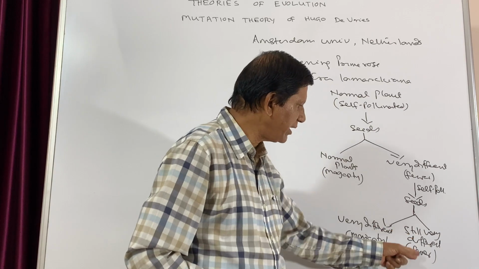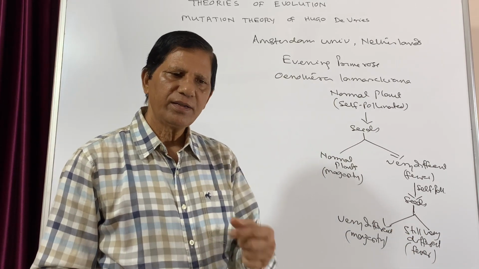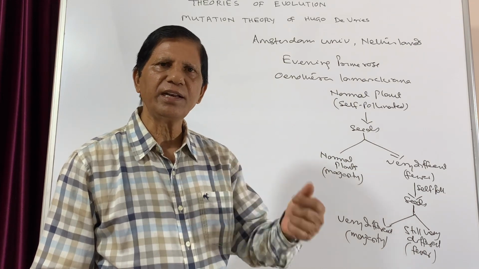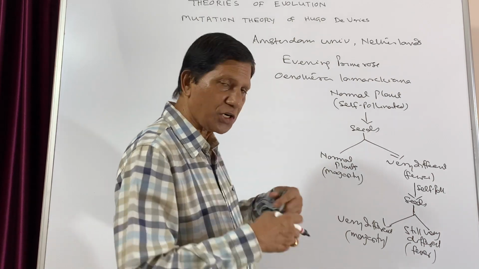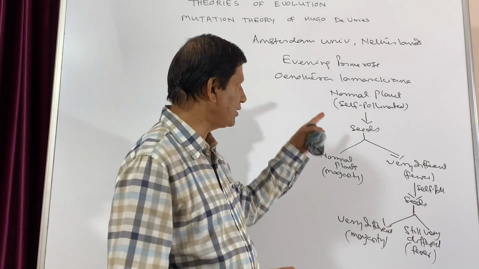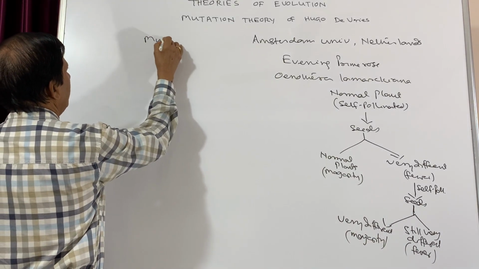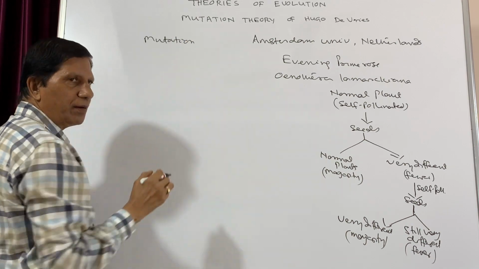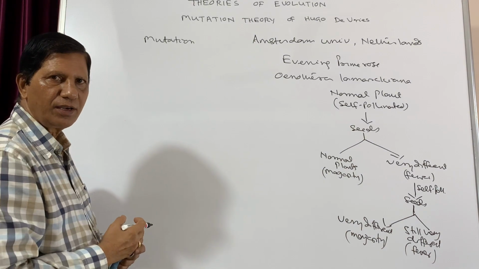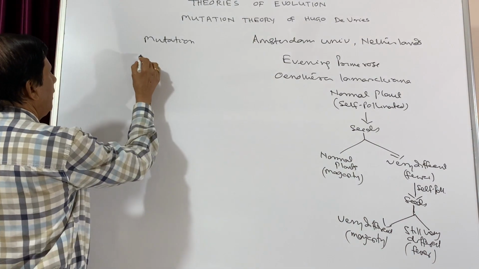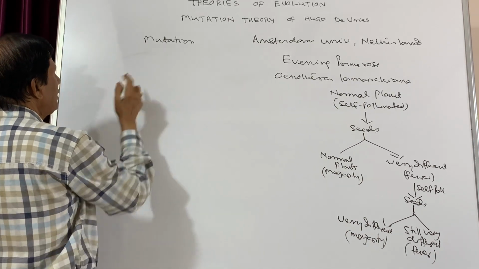Now when these still very different plants were again self-pollinated and seeds were collected, he found again the number of variations gradually increased. So to these variations which occurred suddenly in the plants, particularly this evening primrose, he called it mutation. That means he observed that mutation is a sudden process, taking place suddenly.